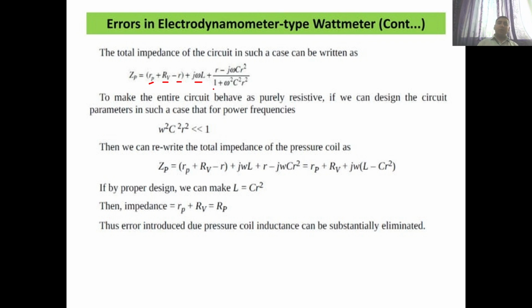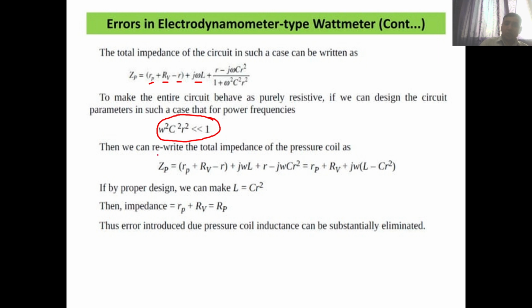Now if we want only the real term, we assume the inductive part should not be there, so we have to make the imaginary part zero. In this particular case, omega square C square R square should be greater than 1.